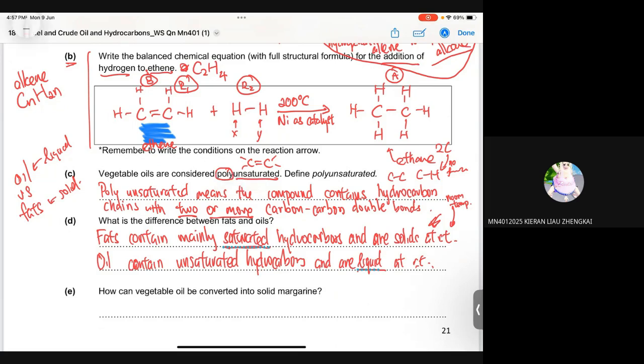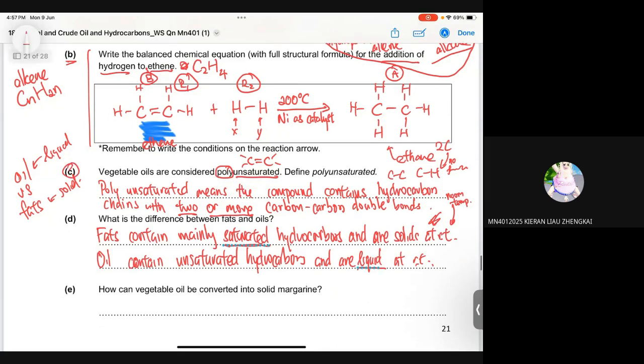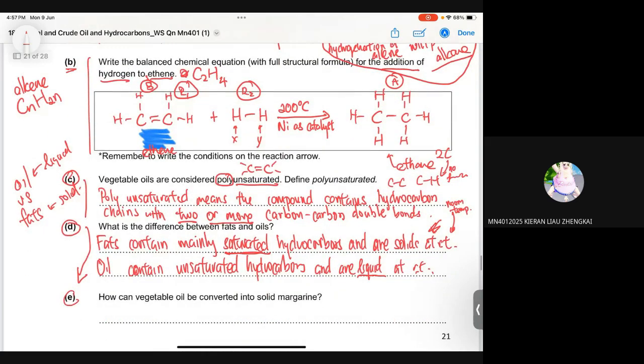So why is this included here? You look at C, you look at D, then you look at E. You realize C and D are here to help you with E itself. Next one will be Kaden. How can oil be converted into solid margarine, based on the whole idea of this worksheet we've been doing, A, B, C, then D?